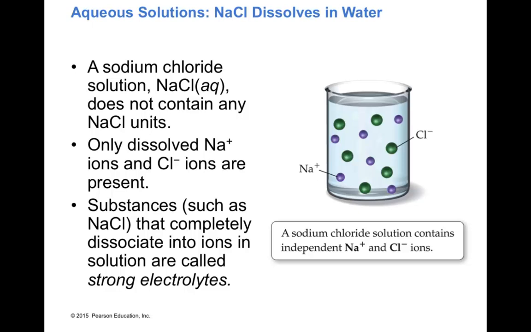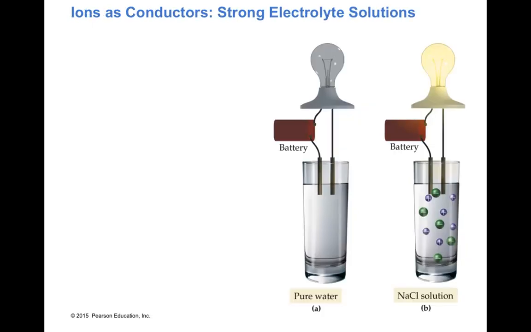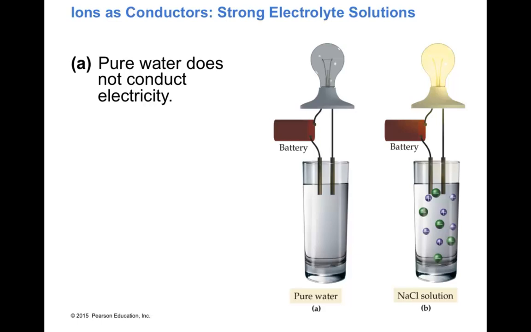Substances such as sodium chloride that completely dissociate into ions in solution are called strong electrolytes. So this is an example of a strong electrolyte. Substances that dissolve completely and also dissociate completely in water are strong electrolytes. The ions can be good conductors. They can conduct electricity. Pure water, for example, does not conduct electricity because it doesn't have any ions.